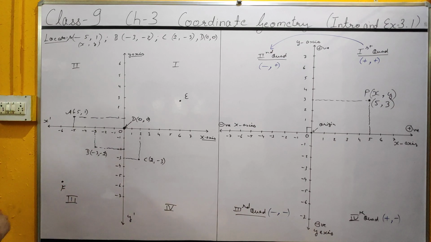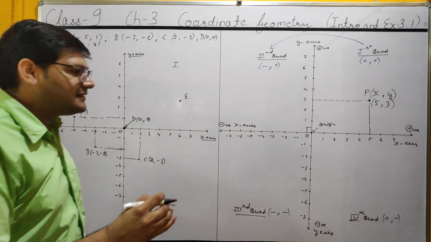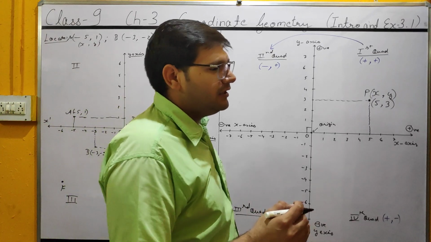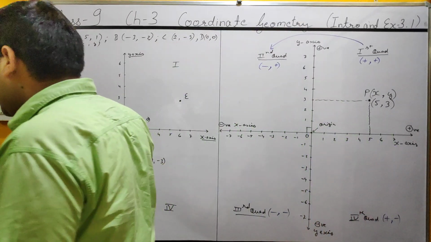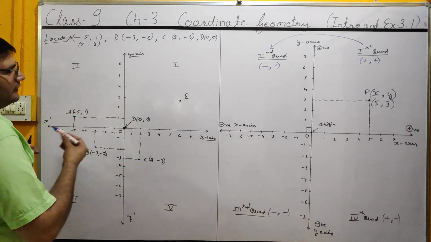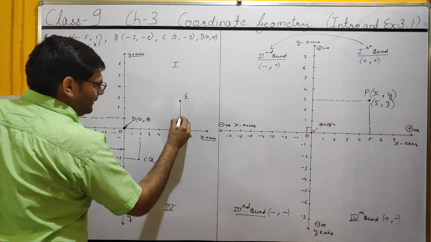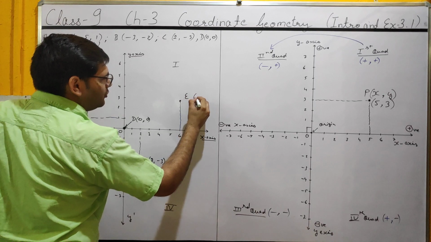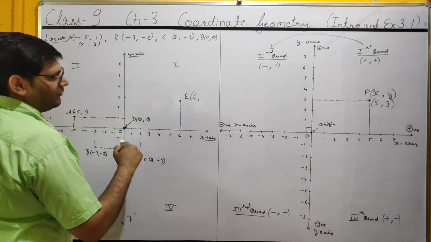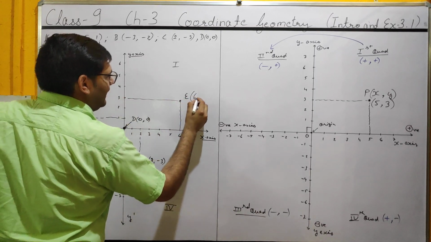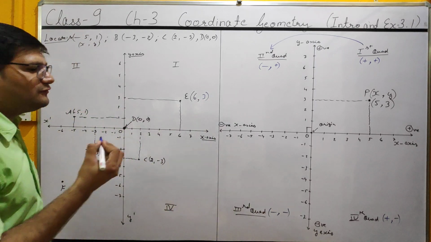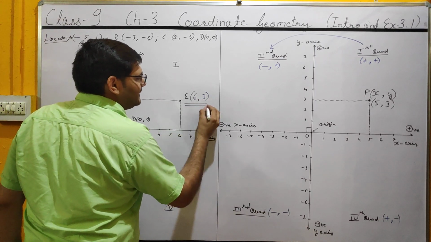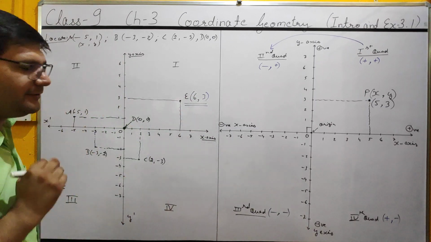and now he asks us what are the coordinates of the point E and F. So what we will do, we will say that E point's coordinates are first of all 6 for x-axis and then -3 for y-axis, means the coordinates for point E are (6, -3).